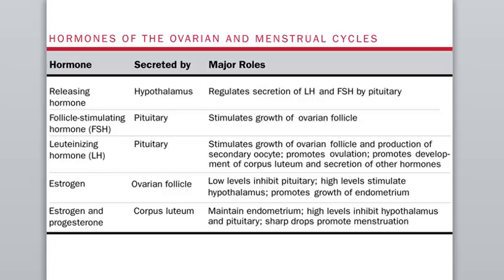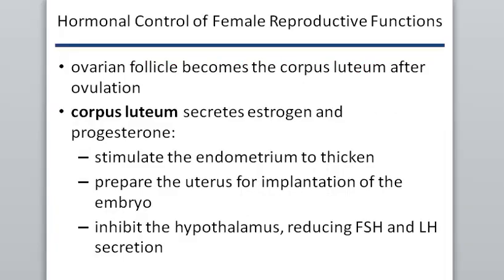But here we have all the hormones, where they're coming from, and what their jobs are, which is something you want to make sure you remember. Here's where the female system branches off quite a bit, because of hormone control. It's extremely different from males.